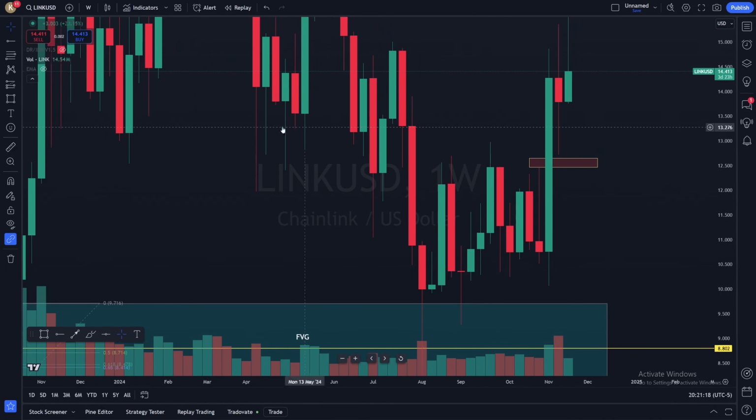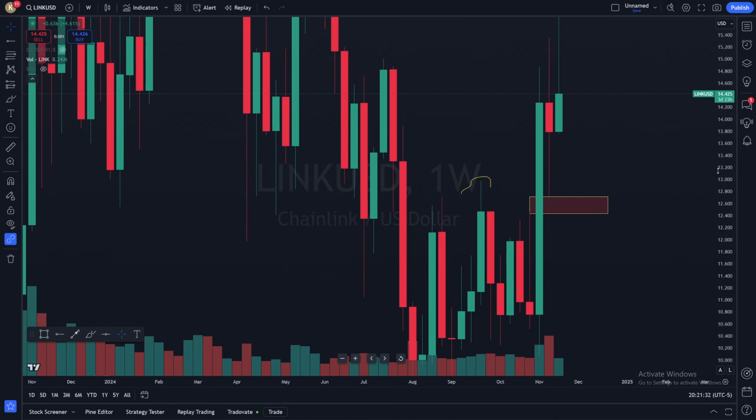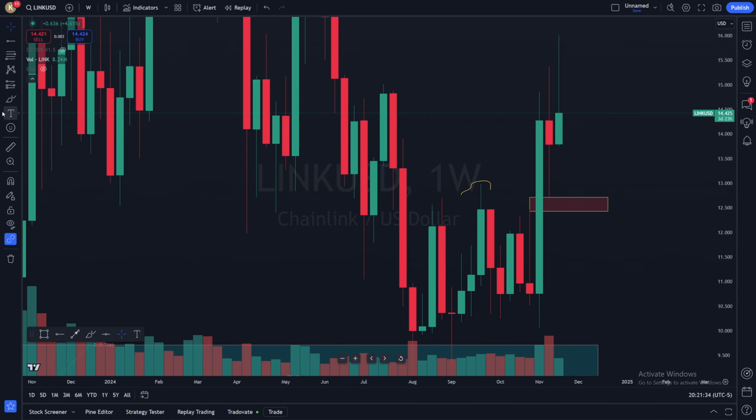We have price now breaking a previous swing high on the way up, and it's also leaving a fair value gap behind. So this is a zone that I'll be looking at for a buying opportunity. I might be looking to pick up some Chainlink here. I'll consider this my buying zone.